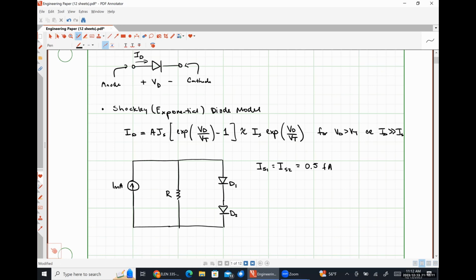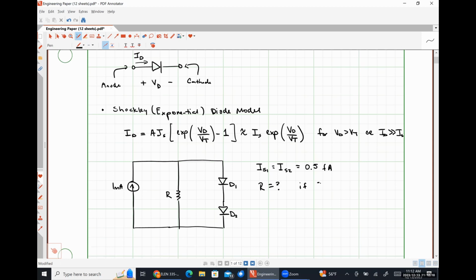And we are trying to determine the value of R if our resistor current, IR, we'll label that here, is equal to 0.3 milliamps, and we will assume that our thermal voltage VT is 26 millivolts.